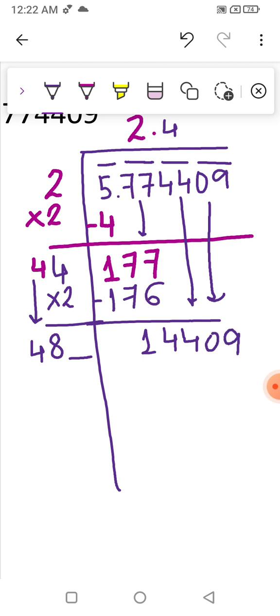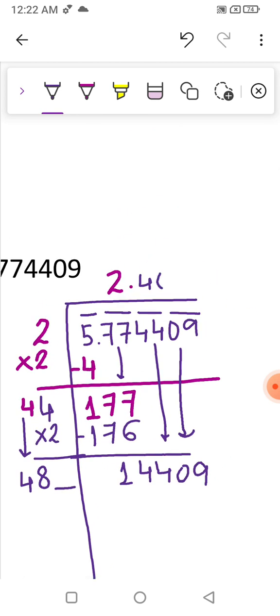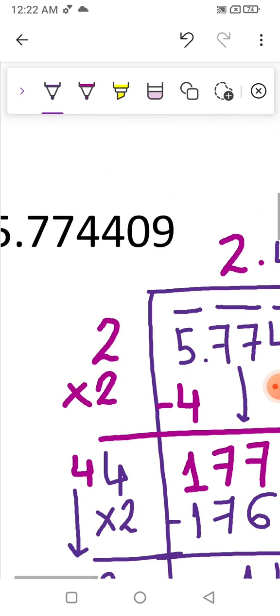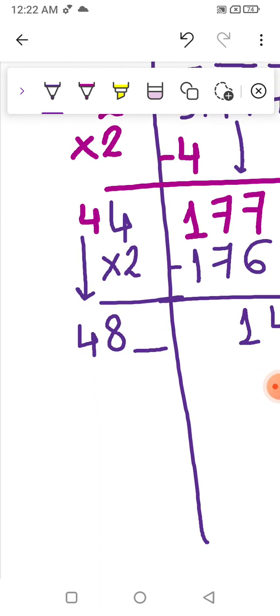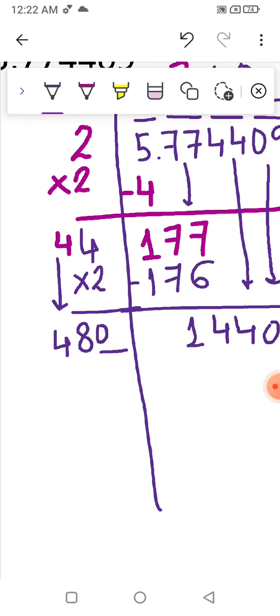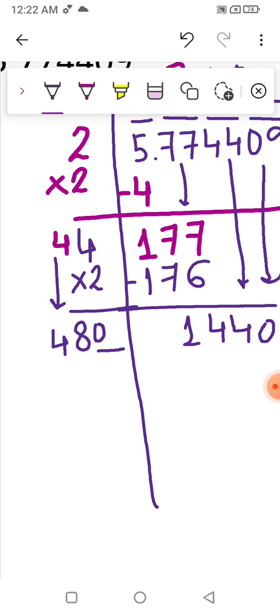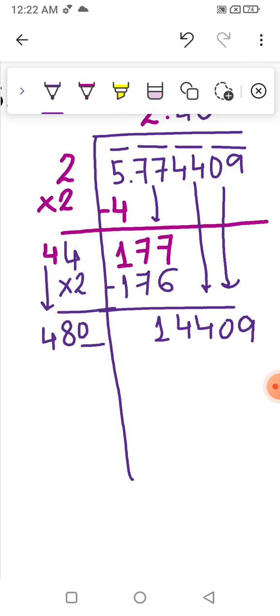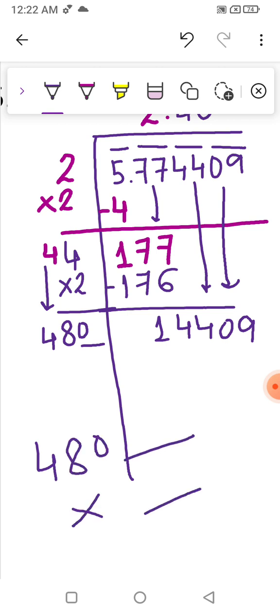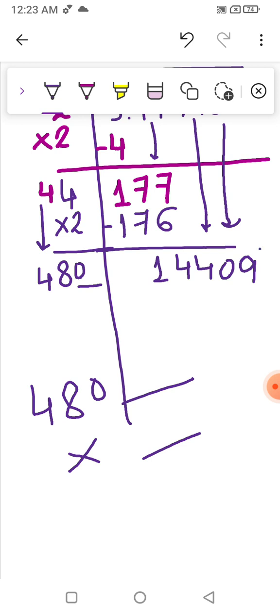But for that we have to add a 0 here and also a 0 here. It is just to bring the next pair below. Now think of a number, 480 and something, which will be multiplied by the whole number so that we get 14409.